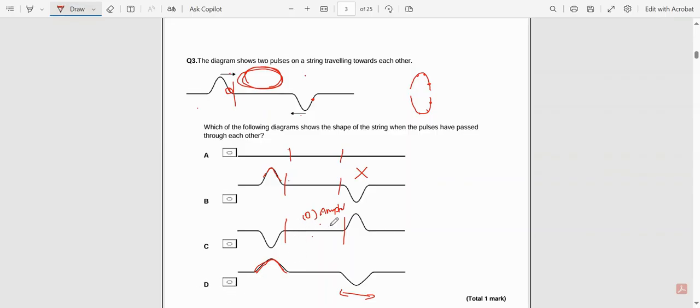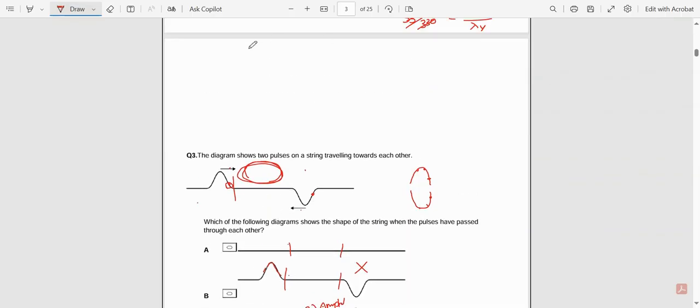So at the middle part, the amplitude will be zero. For example, if they are asking like this, if two pulses with the same phase, one pulse is coming like this and another pulse is coming like this, what will happen? Here, look at this, they are in phase.